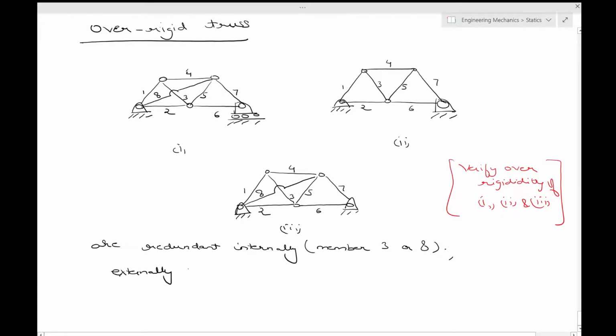Externally redundant, the constraint 4, okay, or both. So you can have member 3 or 8 and C is equal to 4.